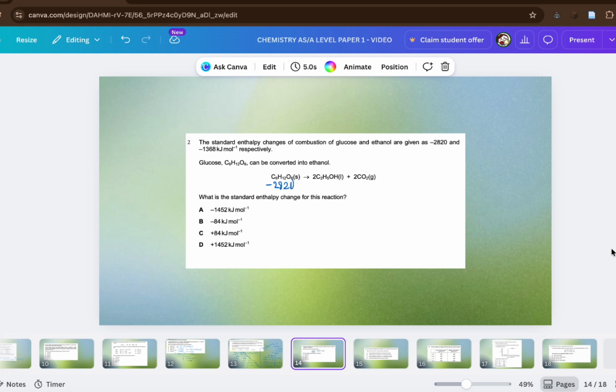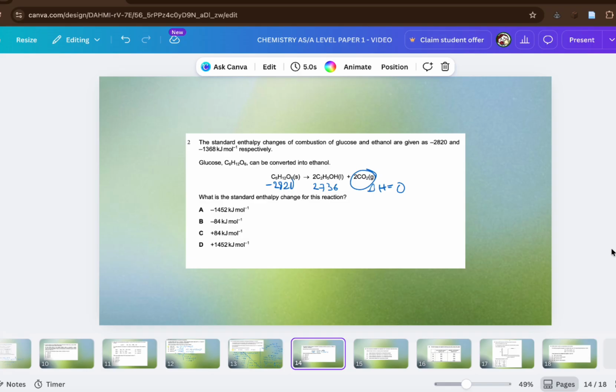So that means we multiply the enthalpy change by 2. So 1,368 multiplied by 2 is 2,736. Here, carbon dioxide has 0 enthalpy change, by the way.